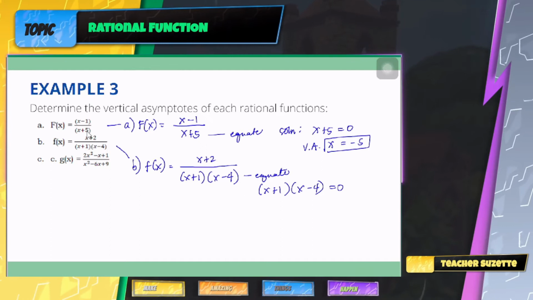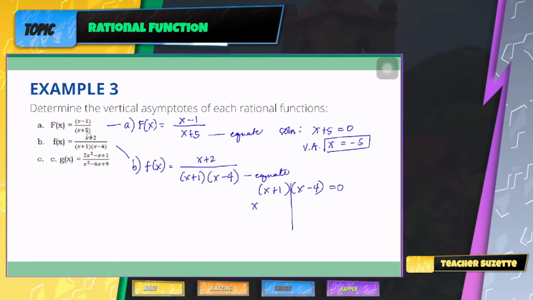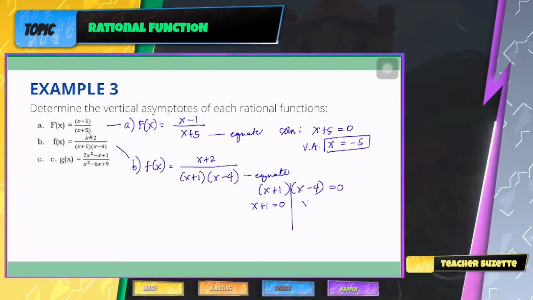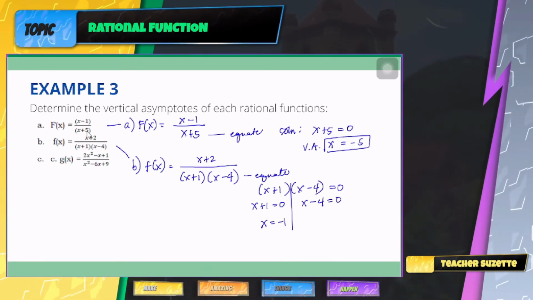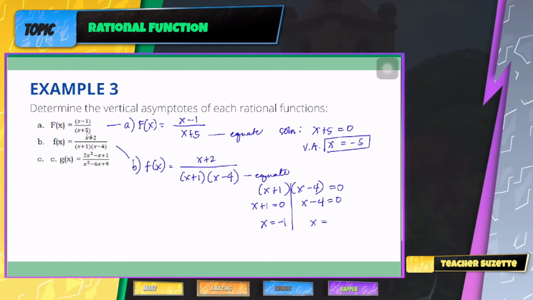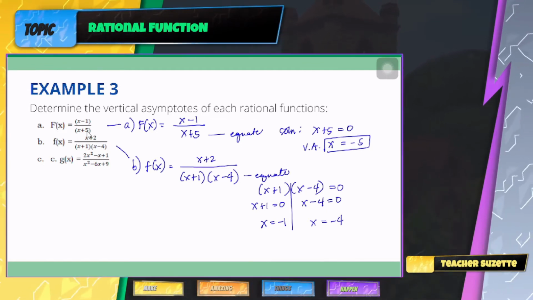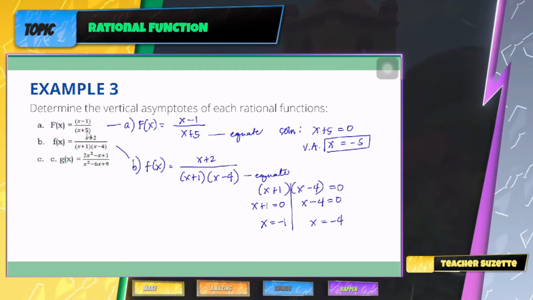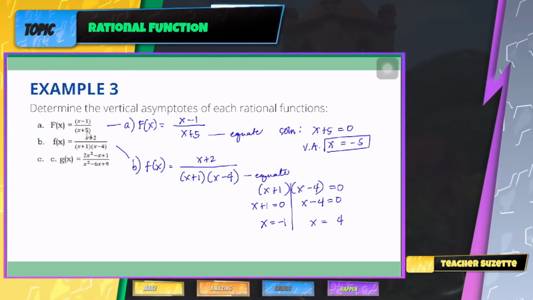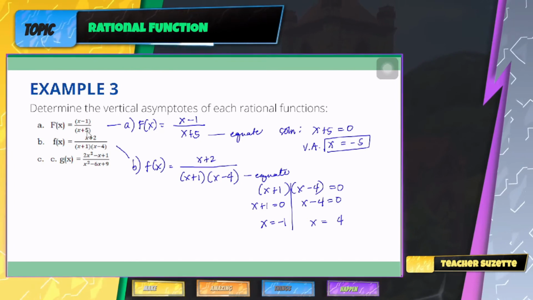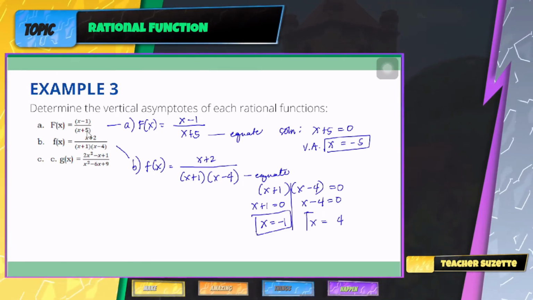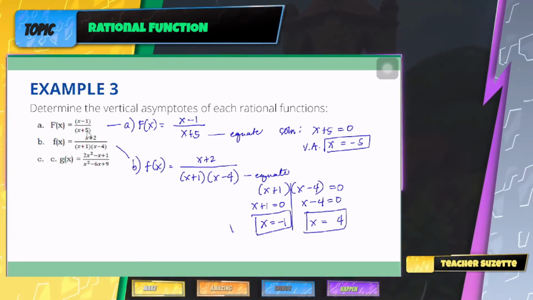We can equate separately x plus 1 to 0 and x minus 4 to 0. So you will have x is equal to negative 1 and x is equal to positive 4. This is now our vertical asymptote.